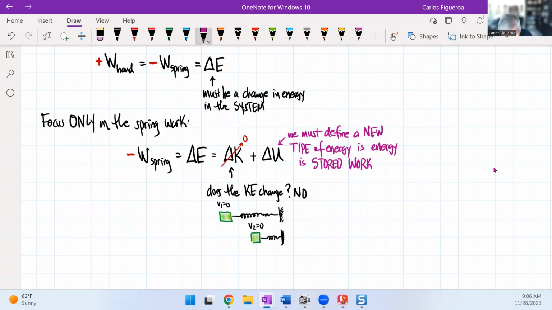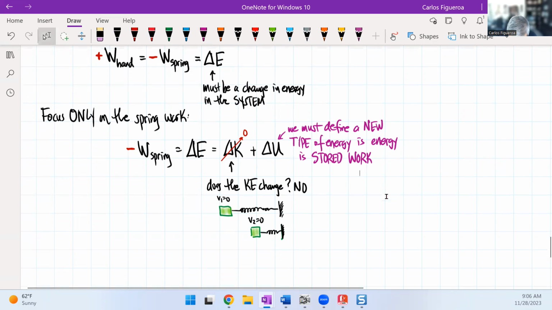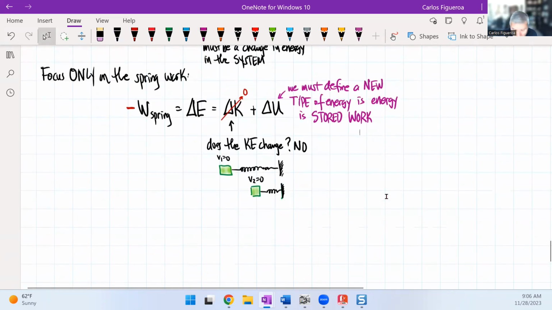Work does not disappear, it reappears as energy, right? Energy is stored work, so it can't disappear. So this is what potential energy is then.